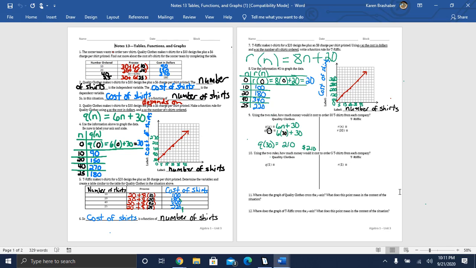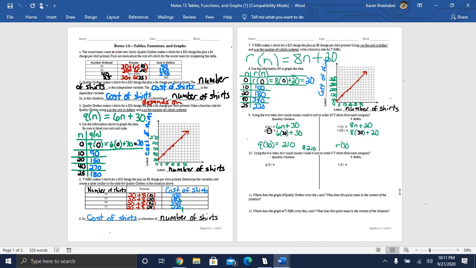Now, when we compare that to the Terrific company, their rule for R of N was 8N plus 20. So when we use the R of 30, we'll do 8 times, and then we'll plug in our value of N, which for this problem, again, is 30. And so R of 30, remember you could use your calculators if you want to.